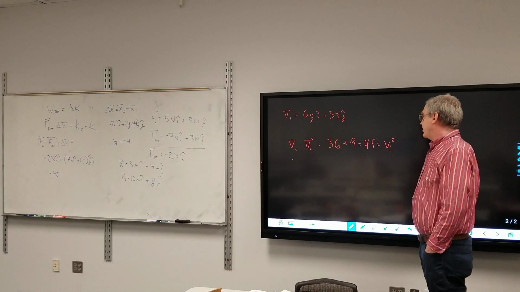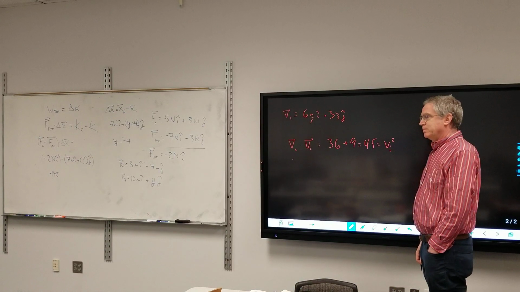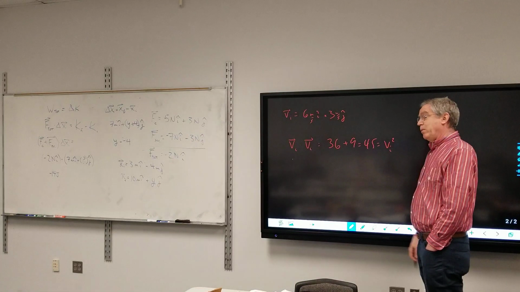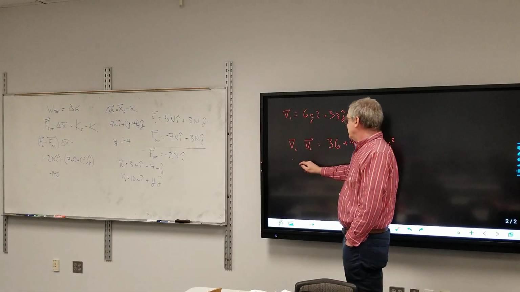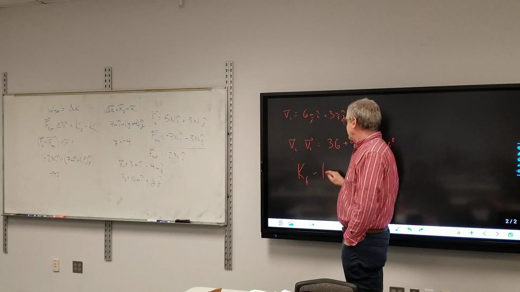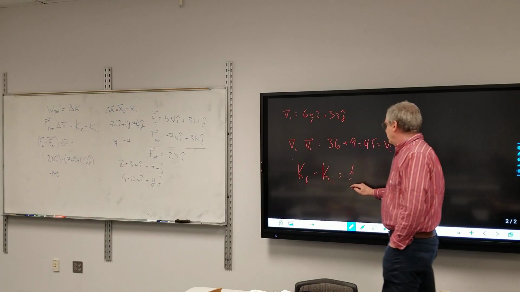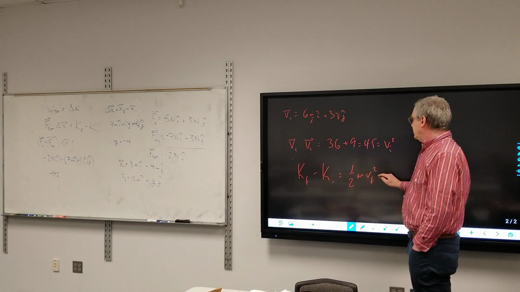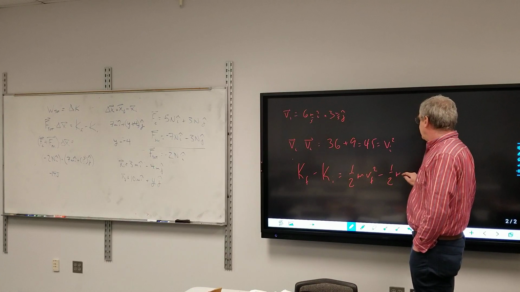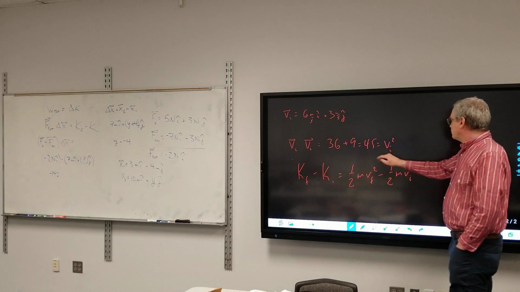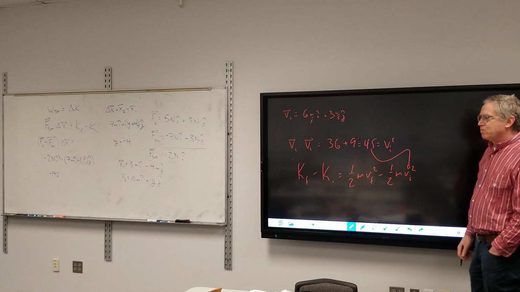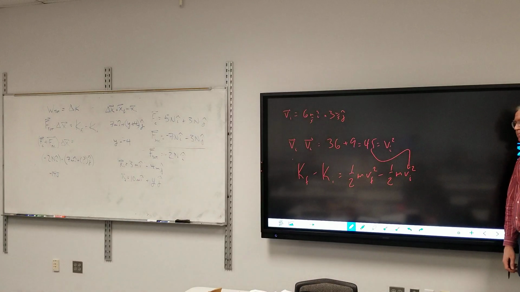If you want to know the exact actual speed, yes, you would do the square root of that. But it turns out we don't need that, because K final minus K initial, 1/2 mv final squared minus 1/2 mv initial squared, we only care about vi squared.